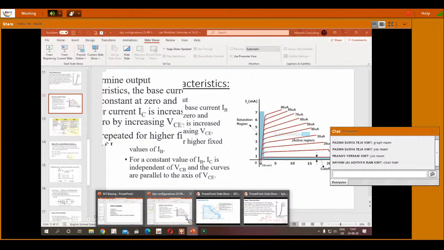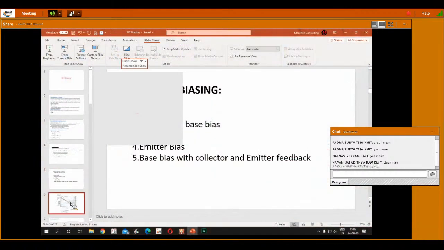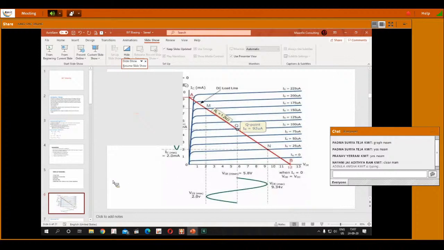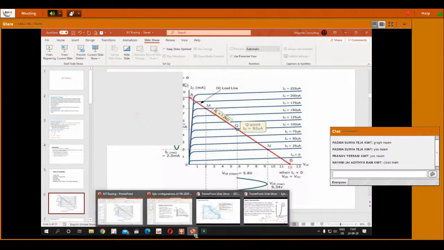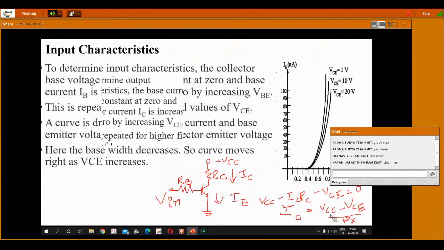To obtain the DC load line, in that equation, if I take VCE equal to VCC, then I would have IC equal to 0.